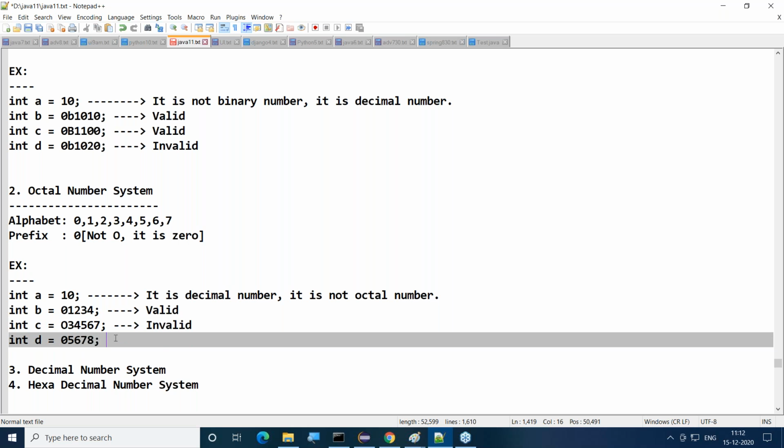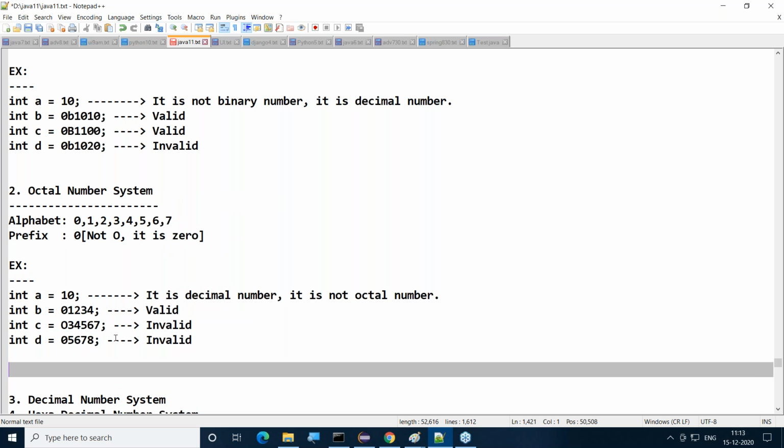Next one, int d = 05678. Now is it valid or invalid? Invalid. Why is it invalid, sir? What is the reason for it? The point is that we included the digit 8, but in the octal number system, the digits are provided from 0 to 7 only.